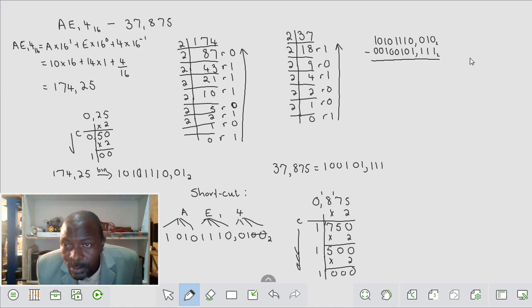What do we then do? We say we don't want to subtract, so we do 1's complement and we add. Top number stays the same, 1 0 1 0 1 1 1 0 comma 0 1 0. Bottom number, all the ones change and all the zeros change.